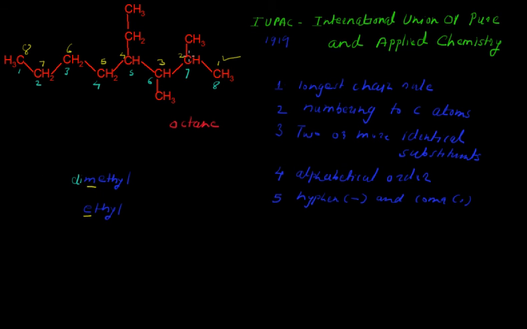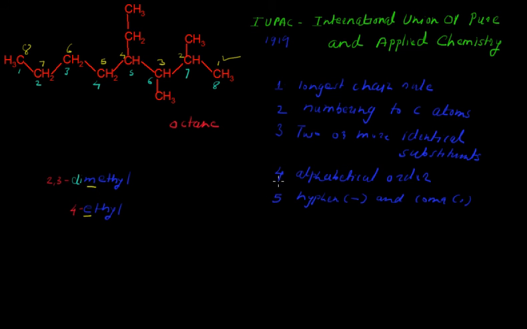Now we have these methyl groups at position number 2 as well as 3. So I will write here 2, 3 hyphen dimethyl. So these numbers are separated by a comma and the number and this name should be separated by a hyphen. So here the ethyl group is present at position number 4. So I will write 4 hyphen ethyl.